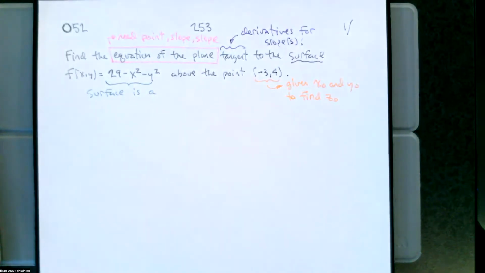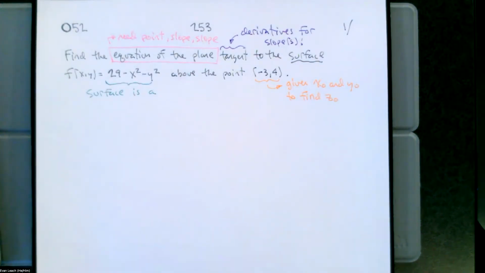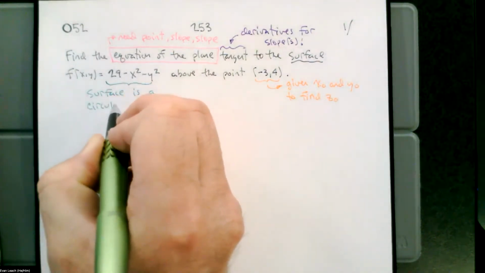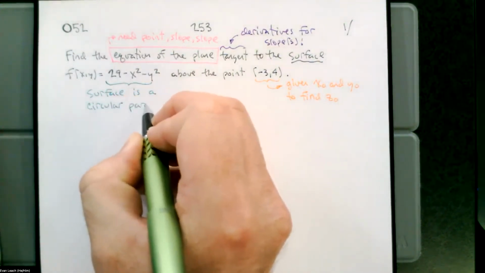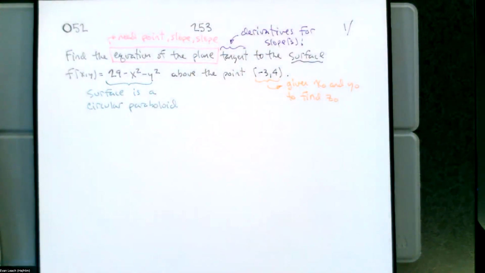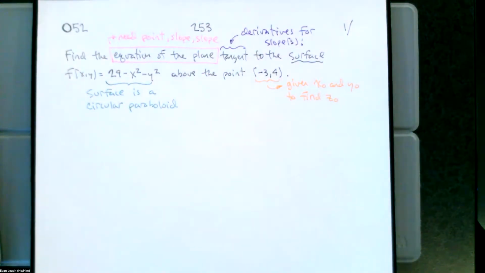We can see that it has circular cross sections because it's 29 minus the sum of x squared and y squared. So the surface is a circular paraboloid. We just start off with 29 and it drops down. Z equals x squared, that's parabola stuff. So it's a circular paraboloid. It's just like a parabola that's been rotated around in a circle.